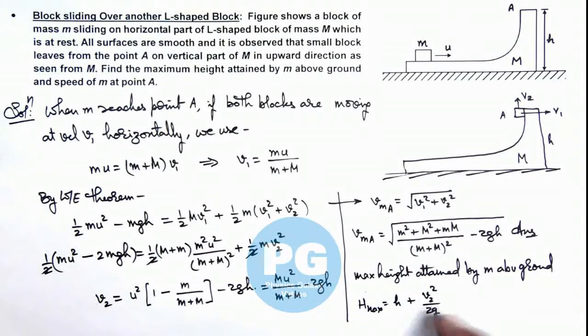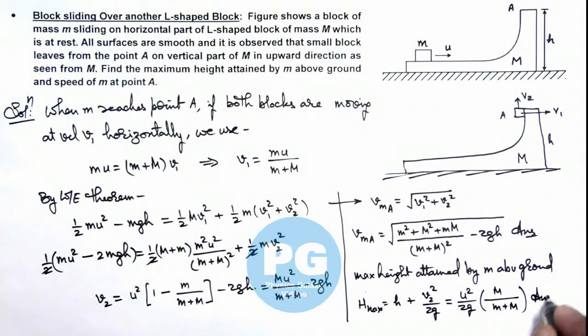So on substituting the value of v2 over here, we get the result as u square by 2g multiplied by m by (small m plus capital M). This is another result of this problem.